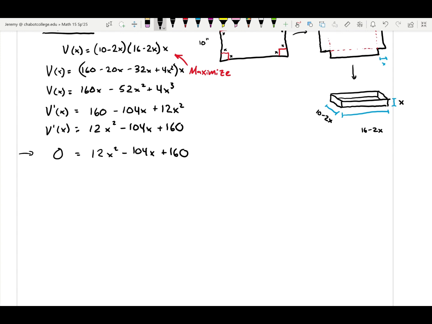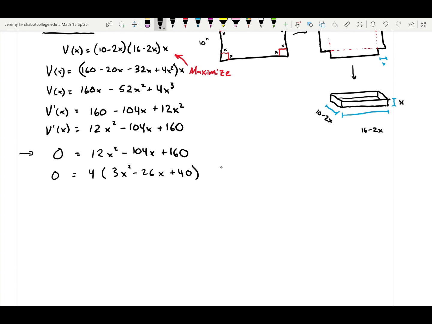All right, I'll solve by factoring. I'm noticing that there's a common factor of 4 between all these terms. I'll pull out a 4, and then I'm left with 3x squared minus 26x plus 40, just to get those numbers a little bit smaller.